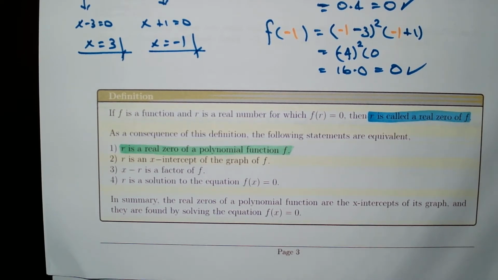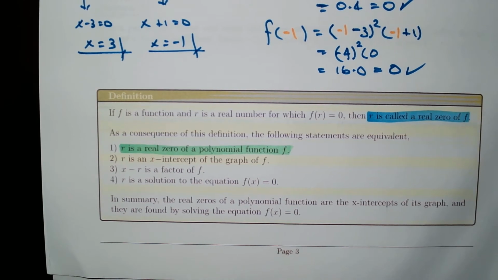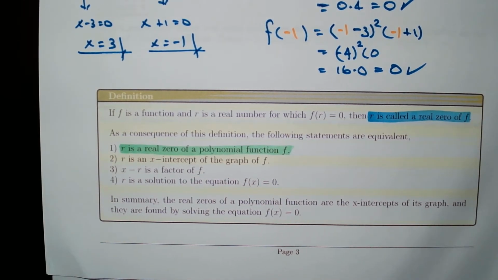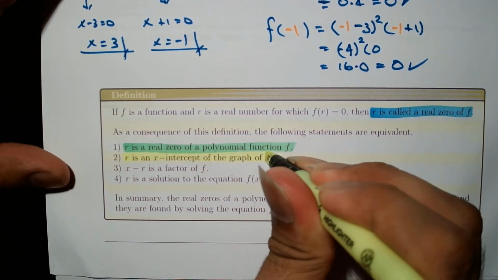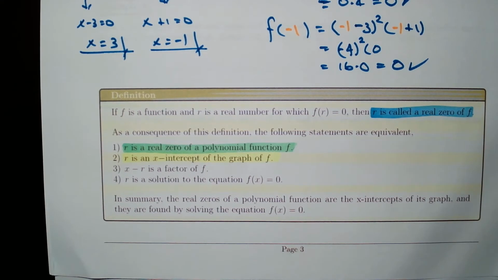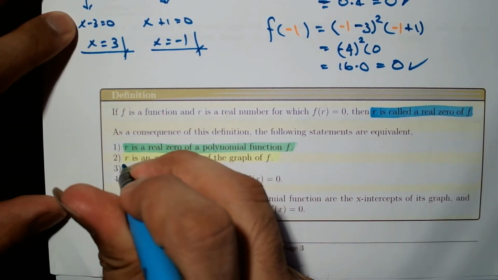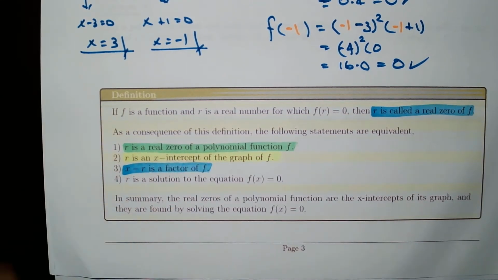And in the next place we have, where's my highlighter? There's another one here. r is an x-intercept of the graph of f. And then x minus r is a factor. It's one of the factors of the polynomial.